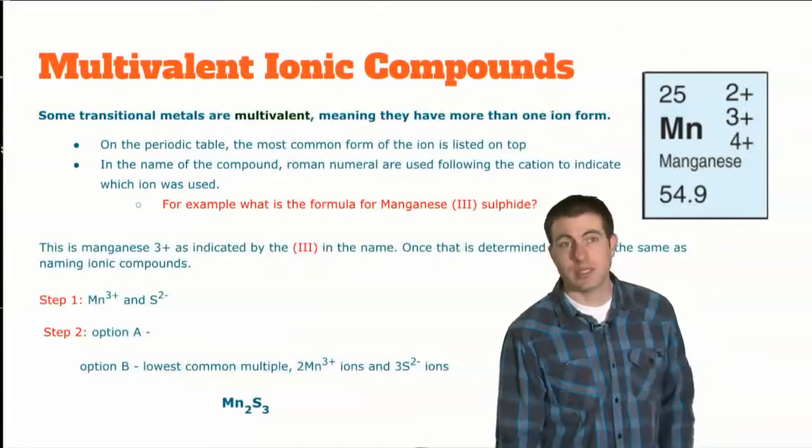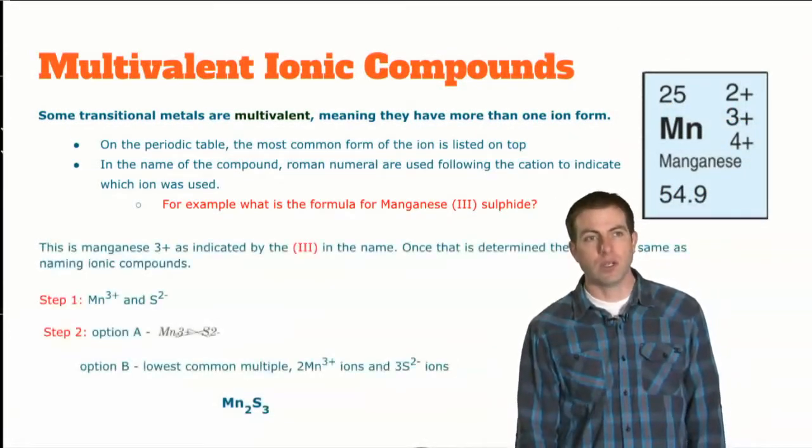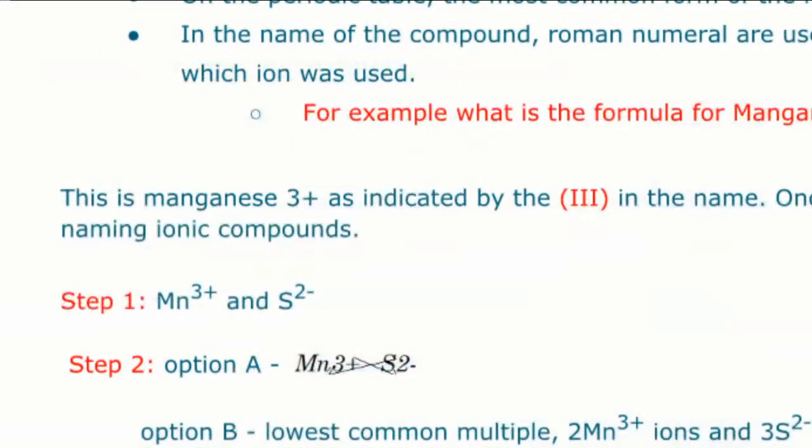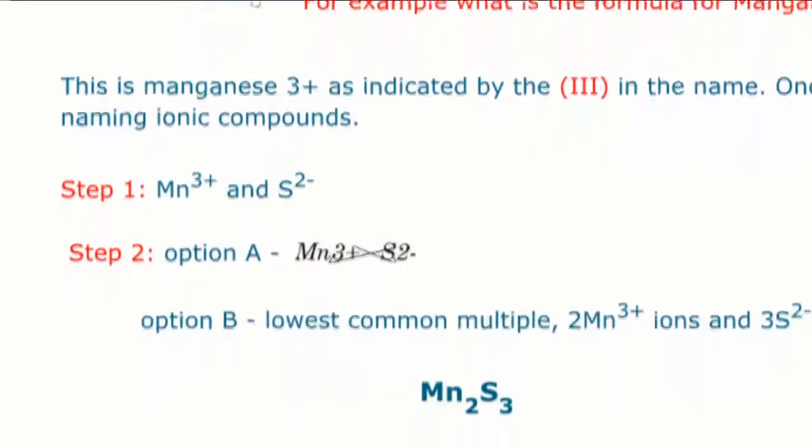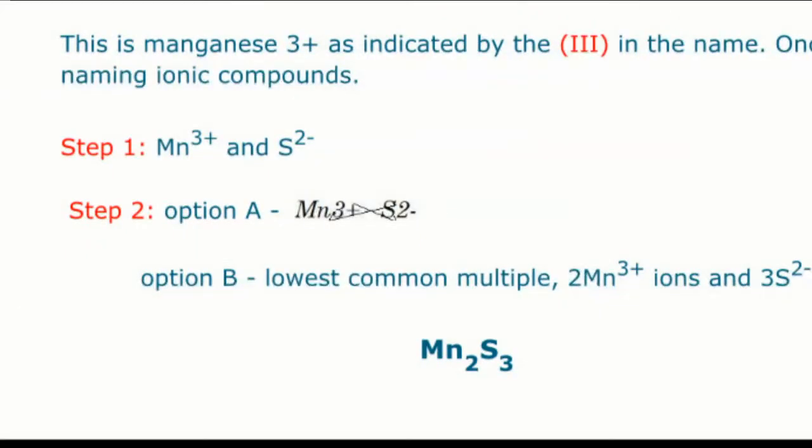Now from this point, it's the exact same as what we were doing before. You can cross the charges down. So Mn, the 3 goes next to the sulfur, the 2 goes next to the manganese. Or you can think about balancing the charges out. Whatever way works in your brain is the way that you should do it. So this is what it ends up looking like, Mn2S3.